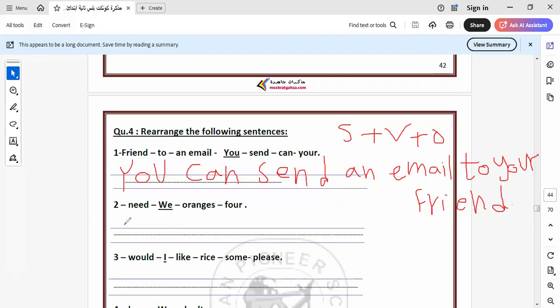We need 4 oranges. Here is the subject, verb, and object, the rest of the sentence.